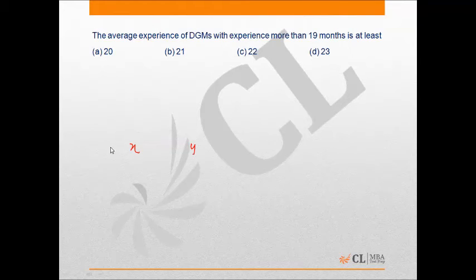As there are 4 DGMs whose average experience is less than the average experience of DGMs, plus there are 10 DGMs whose average experience is more than the average experience of all the DGMs, and this should be equal to the average experience of all the DGMs, which is 19, times the sum of the number of DGMs whose average experience is less than the average experience of all the DGMs, plus the number of DGMs whose average experience is more than the average, which is 10.